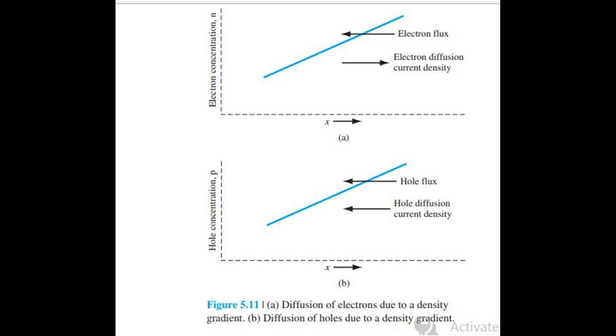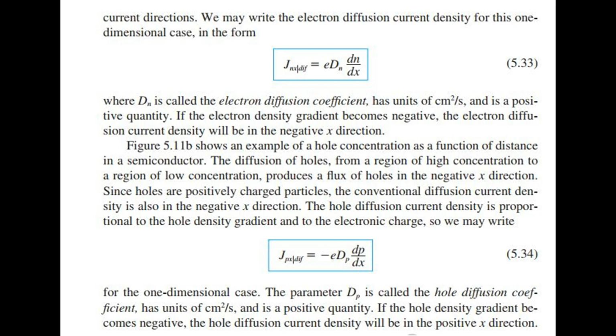Diffusion of electrons due to a density gradient. b. Diffusion of holes due to a density gradient. We may write the electron diffusion current density for this one-dimensional case, in the form where Dn is called the electron diffusion coefficient, has units of cm²/s, and is a positive quantity. If the electron density gradient becomes negative, the electron diffusion current density will be in the negative x direction.